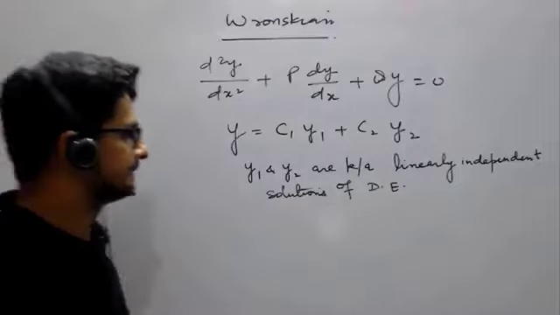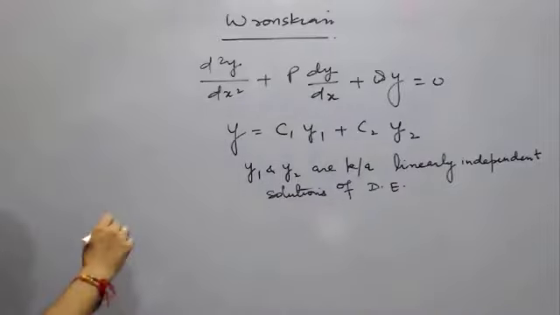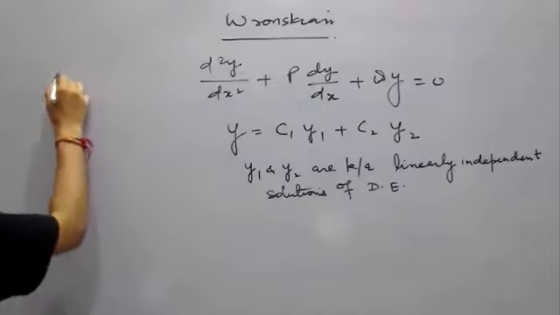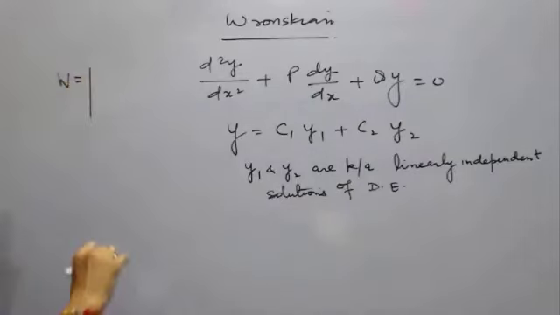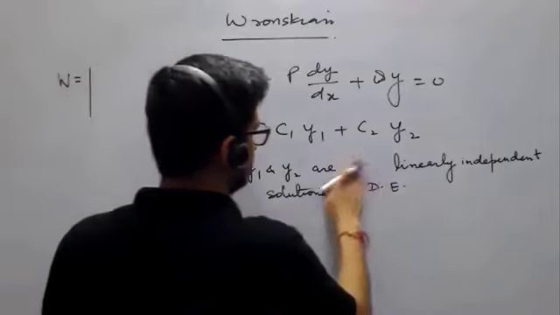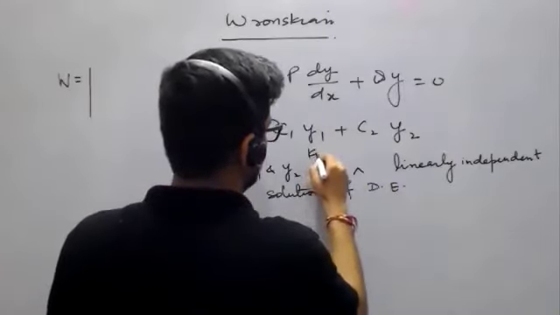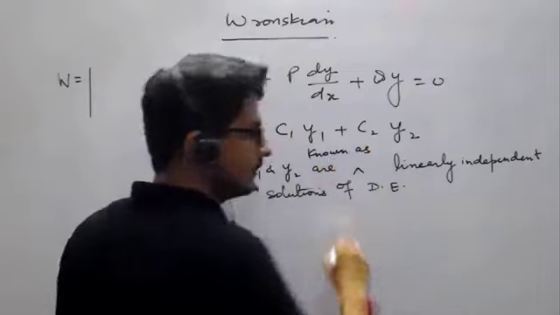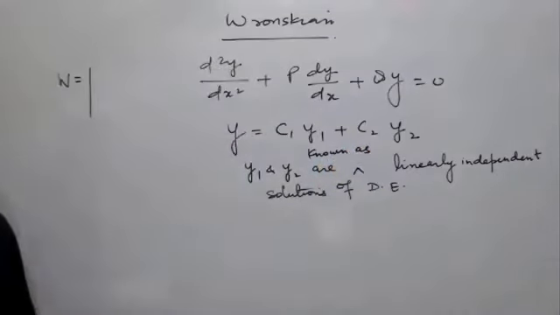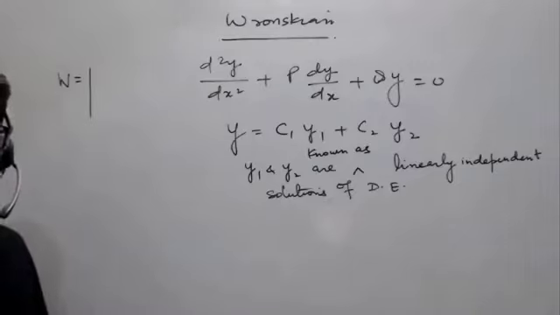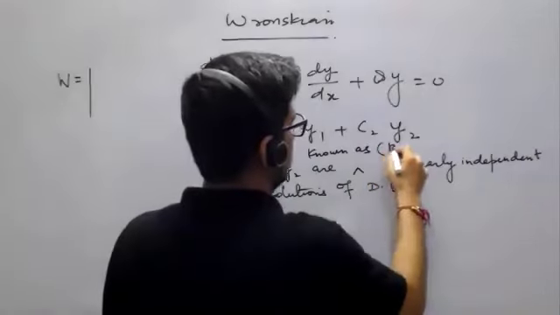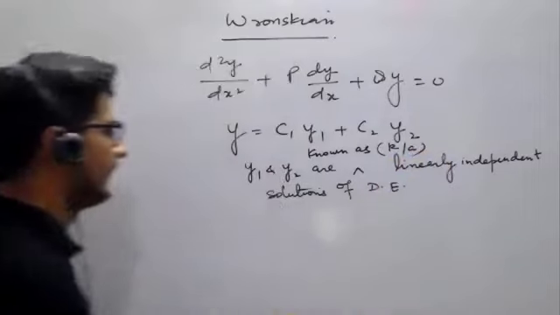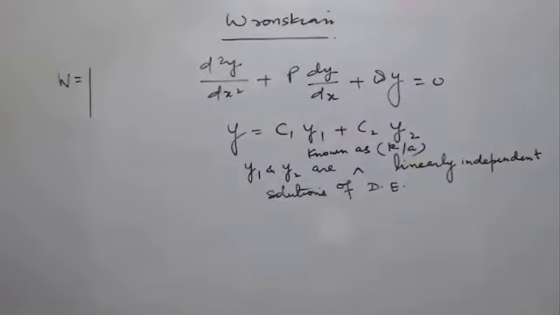Now look carefully. We define a Wronskian. Y1 and Y2 are known as linearly independent solutions of the differential equation.